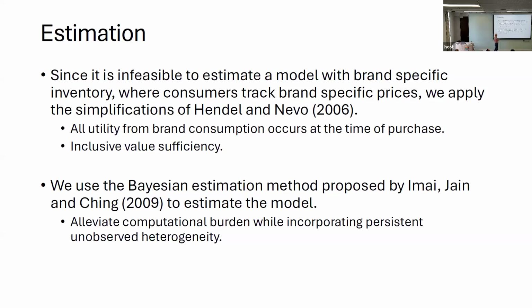Some of the methods that you have learned over the past few days allow for a finite number of types of consumers, but when you're dealing with discrete choice problems, sometimes to estimate heterogeneous choice problems, they allow for continuous unobserved heterogeneity. This Bayesian estimation approach has the advantage of allowing for that.